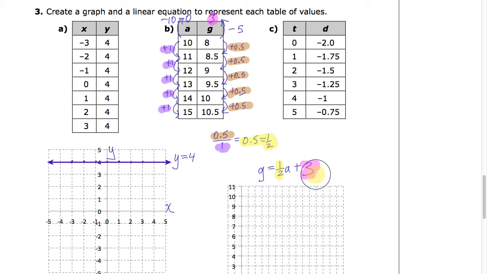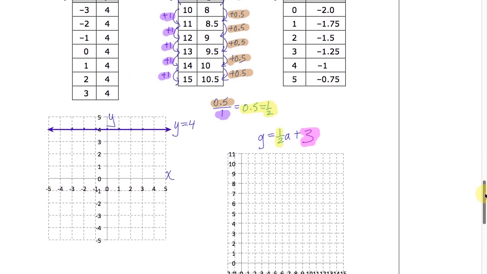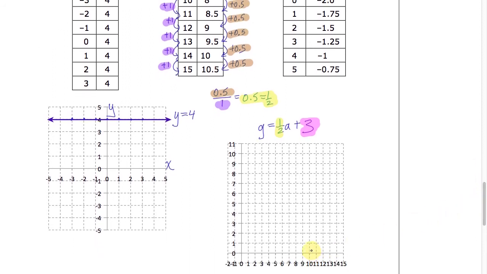So now we've got an equation, and we want to plot all of these points here, connect them with a straight line. So starting at 10, 8, and 11, 8.5, 12, 9, 13, 9.5, 14, 10, and 15, 10.5.